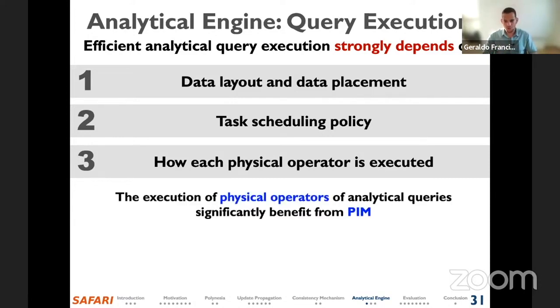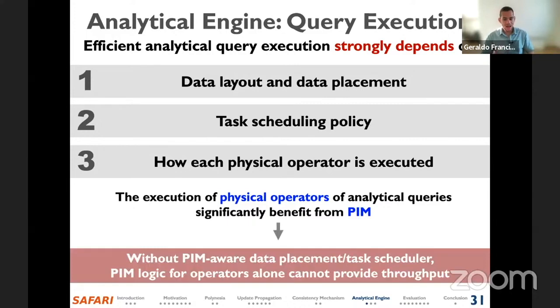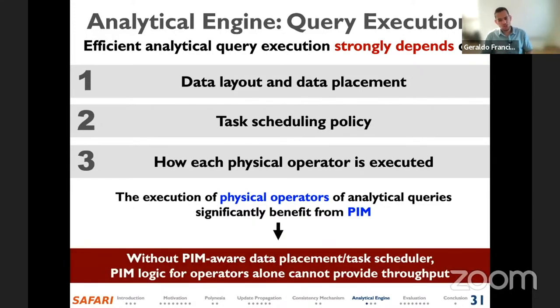As prior works have shown, the execution of physical operators of analytical queries can be accelerated by using processing in memory techniques. However, processing in memory performance is going to be suboptimal without proper data placement and task scheduling that avoids processing in memory constraints. Thus, we design novel data placement and task scheduling policies for our analytical engine.